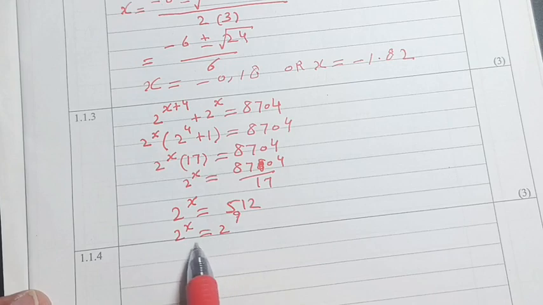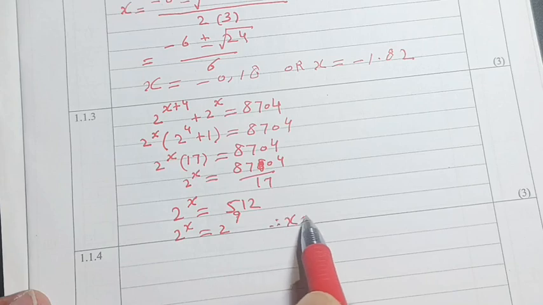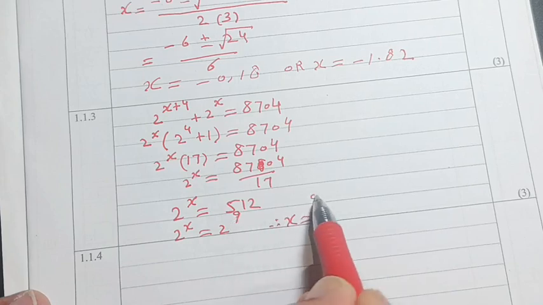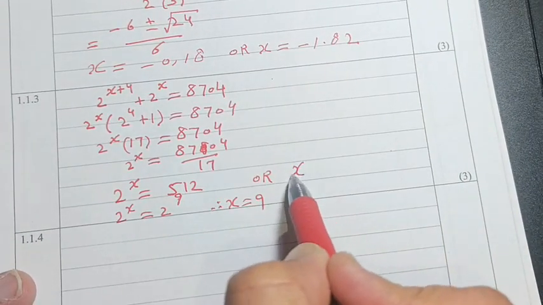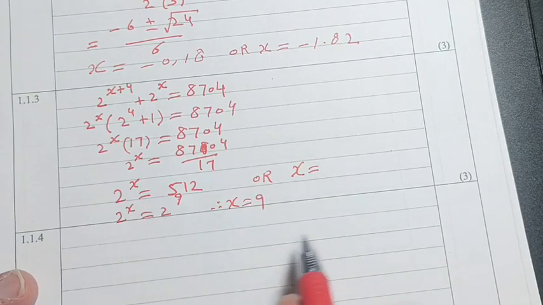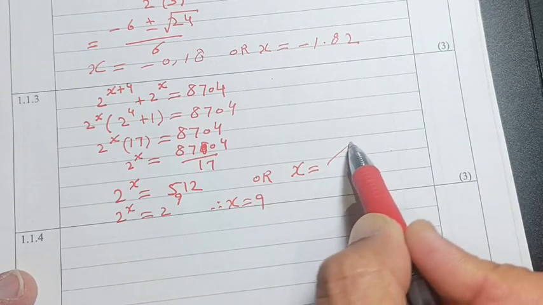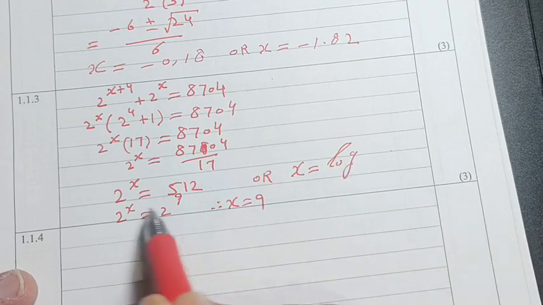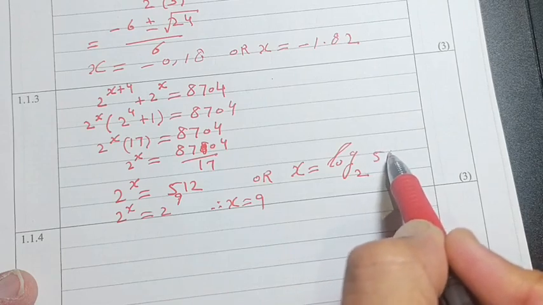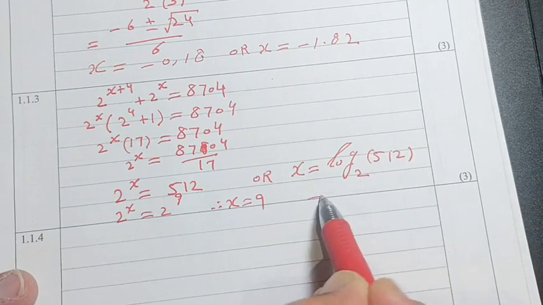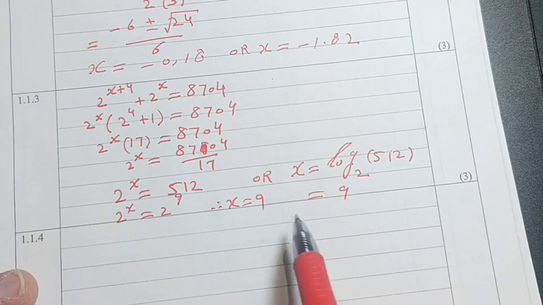The base is the same, therefore x is equal to 9. Over here I can apply the log: x is equal to log base 2 of 512. Using the calculator, the answer is 9.